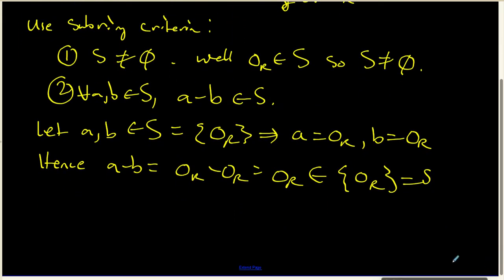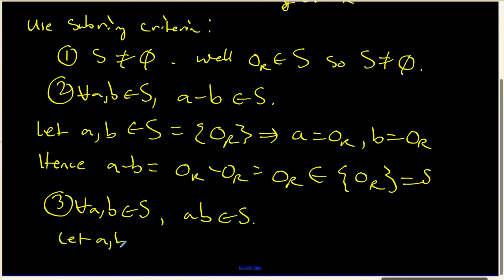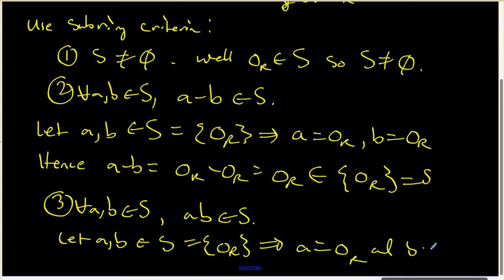And then the final thing for showing that this weird set is indeed a subring is that, again, for every pair of elements inside the set S, I need to show that A times B is inside S. Well, again, I let A and B be inside my set S, which is just the set containing the zero element. So that tells me A is equal to 0 and B is equal to 0.